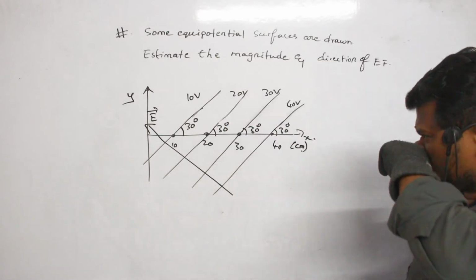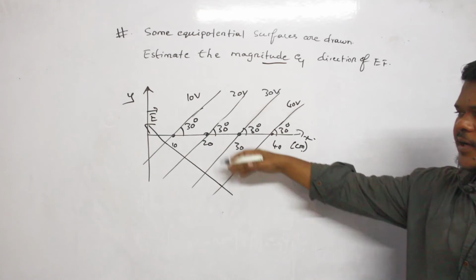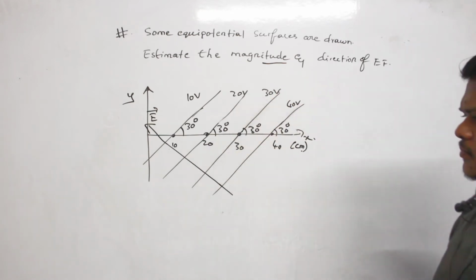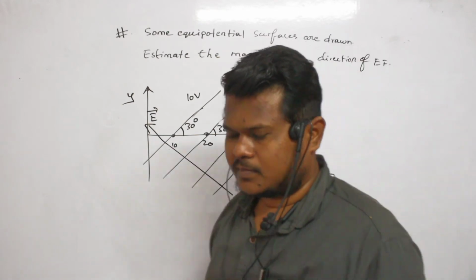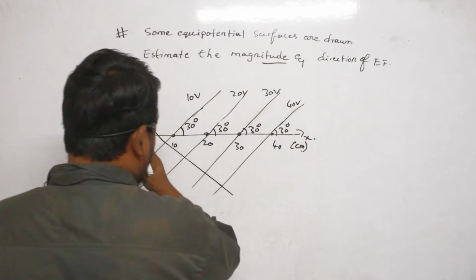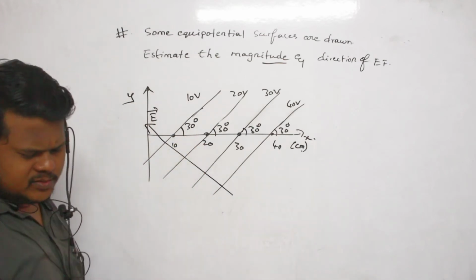Okay. So therefore, now how can I calculate magnitude of electric field? Direction we have calculated. Magnitude, how can I calculate? Any idea? Let us see. Clear?